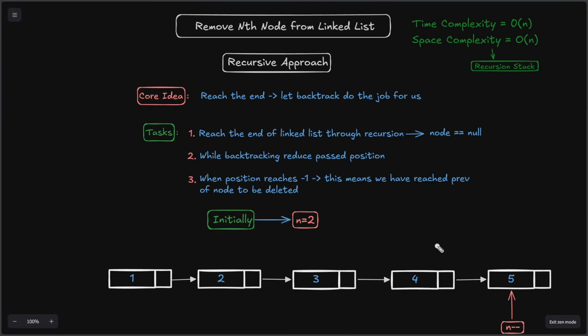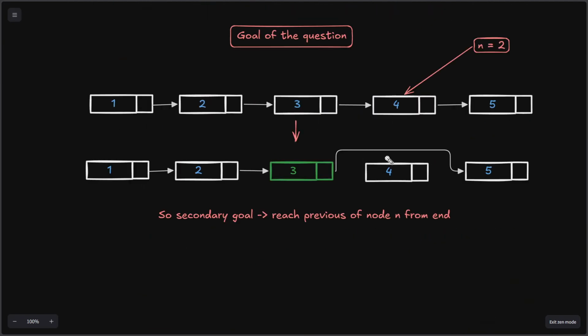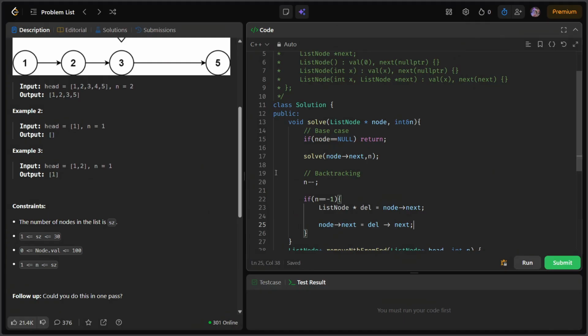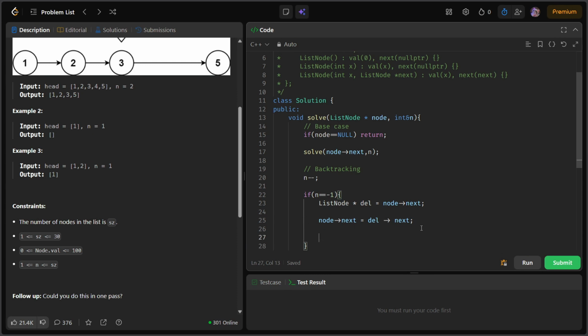You can imagine del as this one and node as this one. So del's next, or node's next is equal to del's next. Okay, this is del's next, and so I'm connecting this. Okay, and in the end I'm going to delete del.